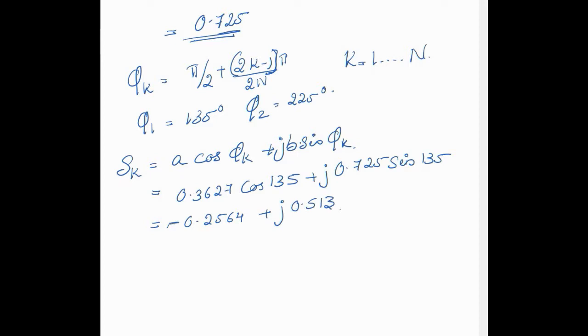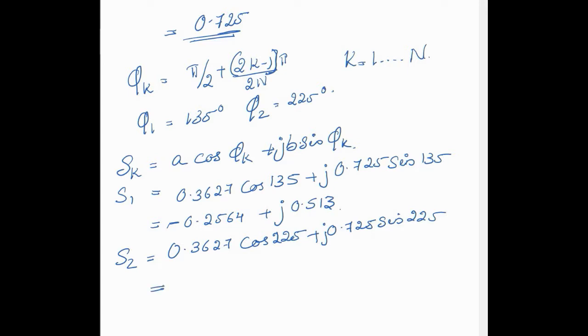Okay, similarly S2 is equal to 0.3627 cos 225 plus 0.725. Always put j after the value. Okay, sin 225, you will get the conjugate of this as it consists of two values.